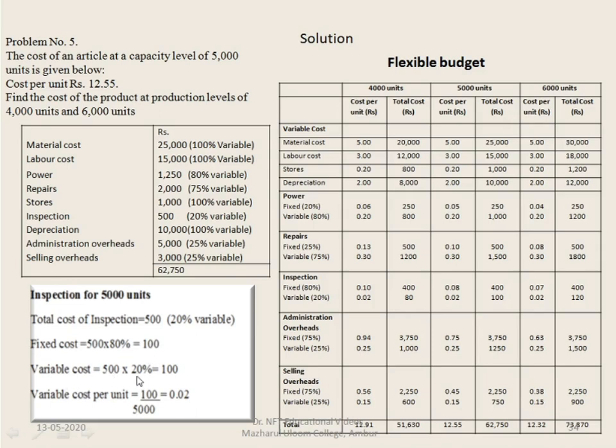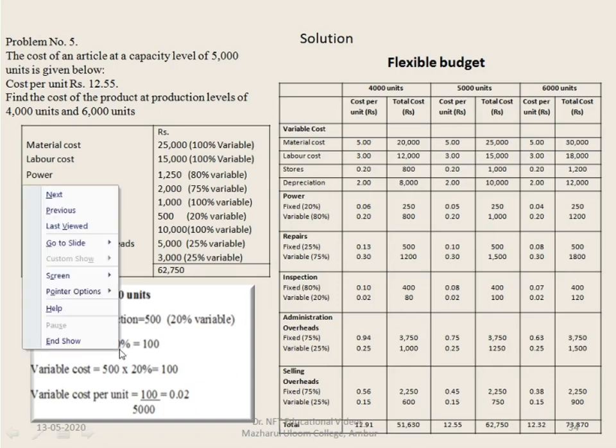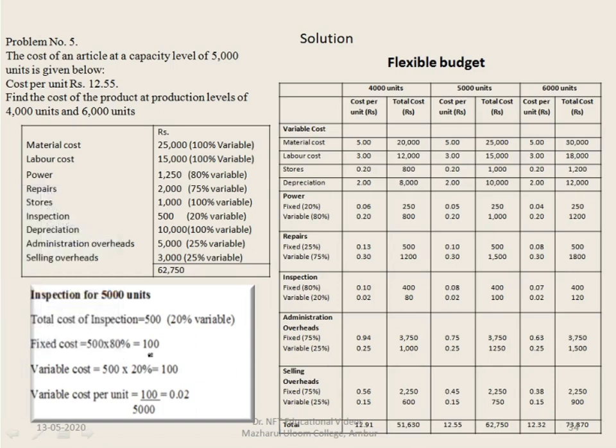Variable cost is 500 into 20%, that is 100. So 500 into 80 percentage is 400.